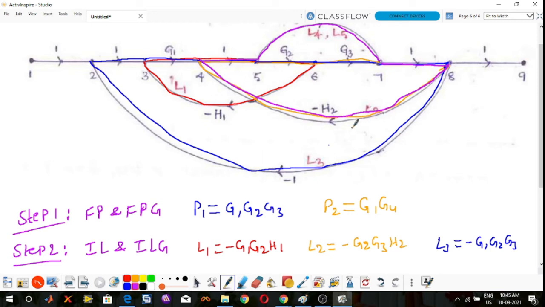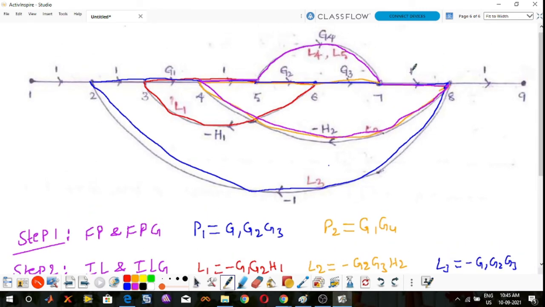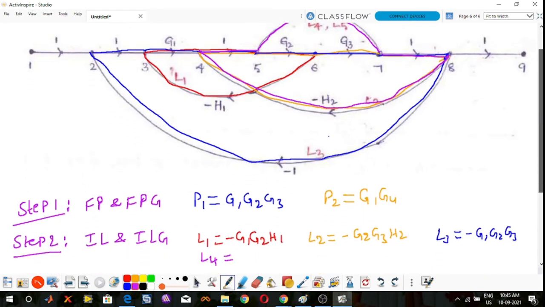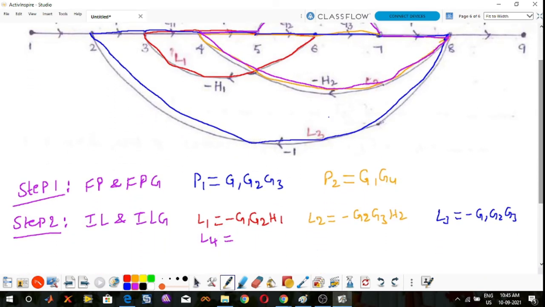And this is the fourth individual loop and its gain is denoted as L4. L4 is equal to 1 into G4 into 1 into G4 into 1 into minus H2, which is minus G4 H2.